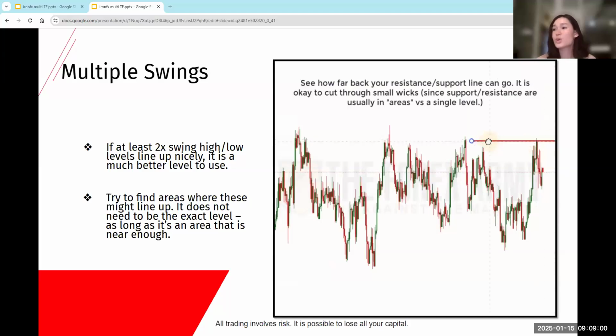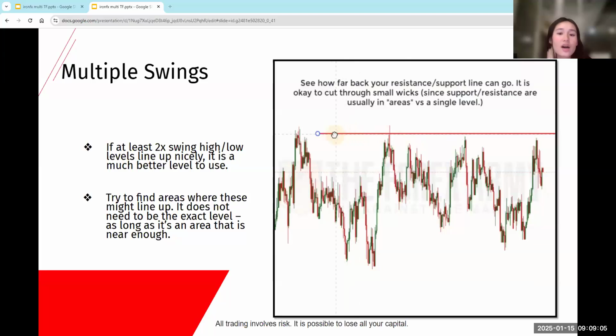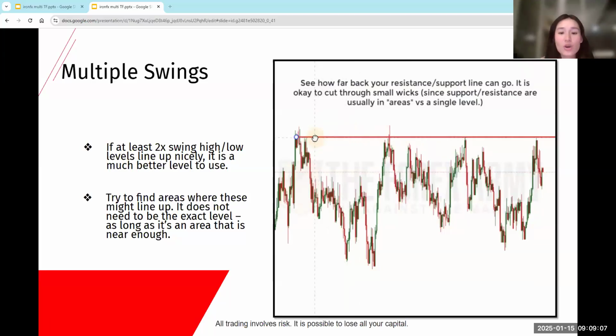Okay, so multiple swings. If at least two swing highs or lows line up nicely, then it's a much better level to use. So you want to try to find areas where these might line up. It doesn't have to be at the exact level, as long as it's near that area, that's good enough.